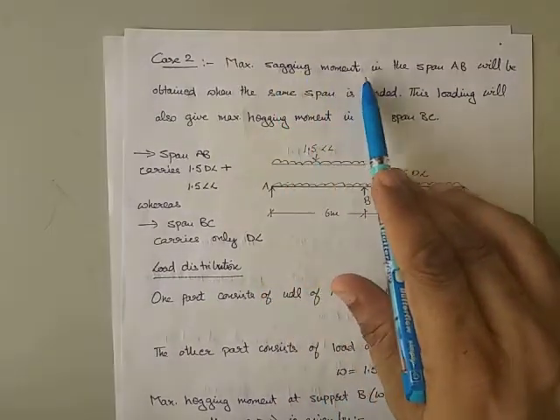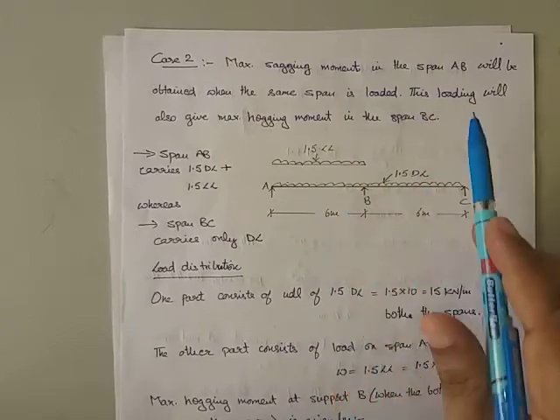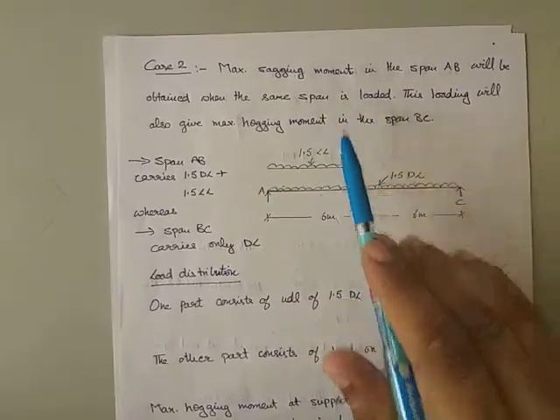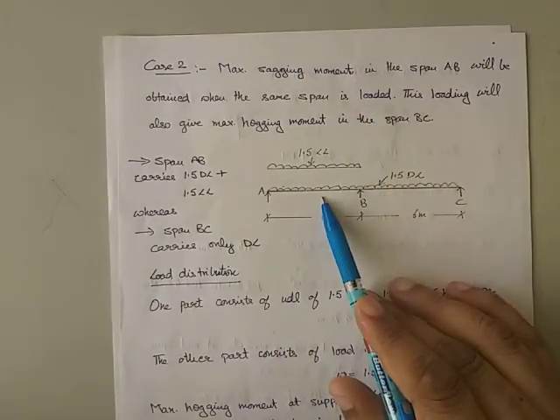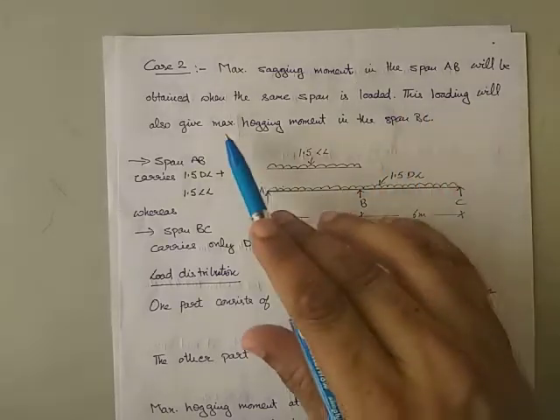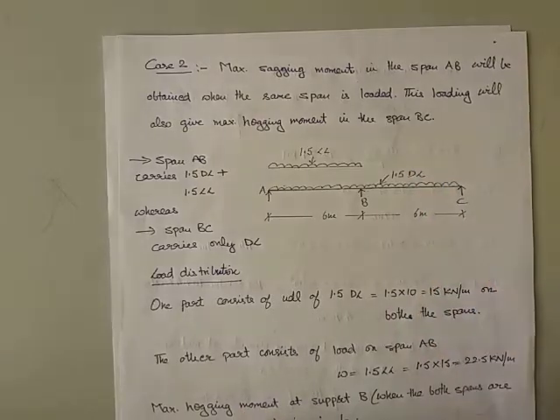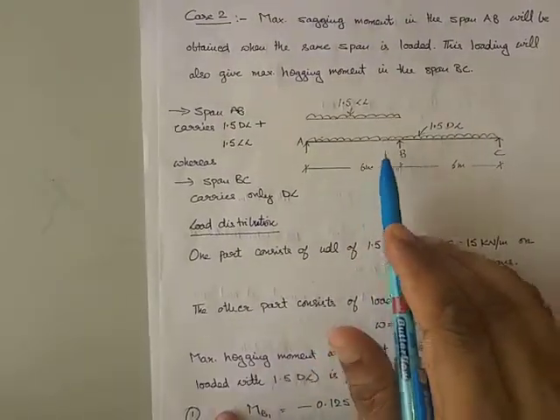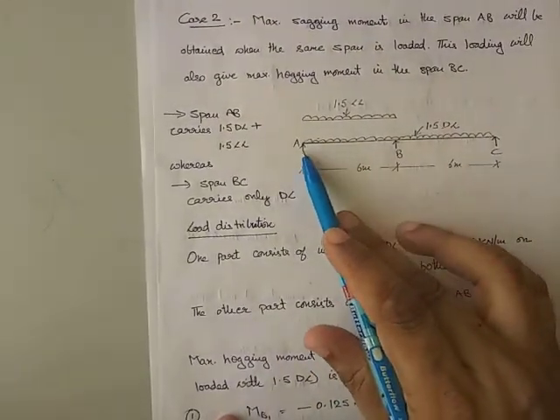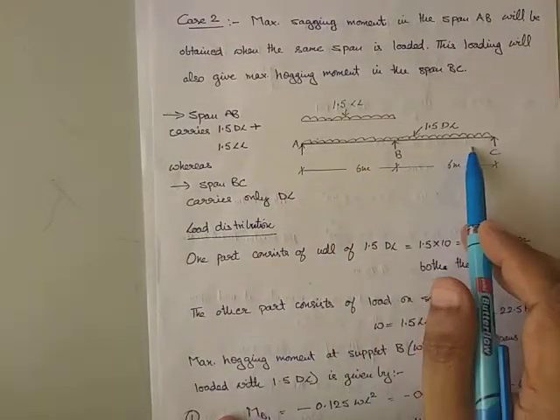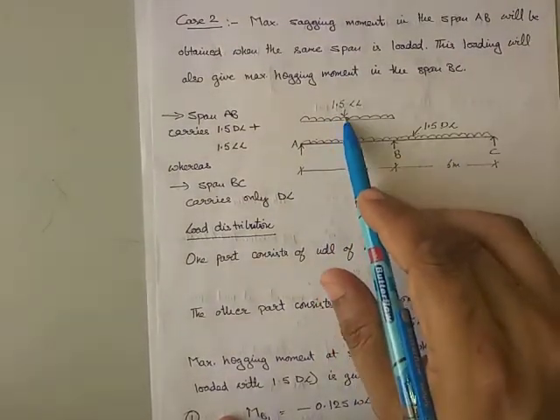Maximum sagging moment in the span AB will be obtained when the same span is loaded. This loading will also give maximum hogging moment in the span BC, and vice versa. So let us consider this. Now dead load is on AB and BC, but live load is only on AB.